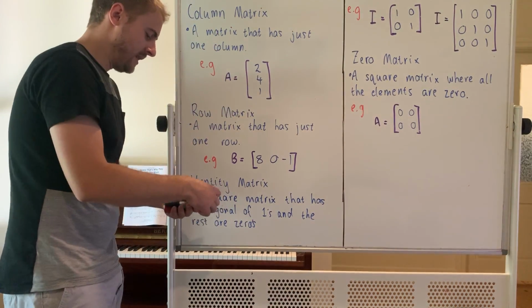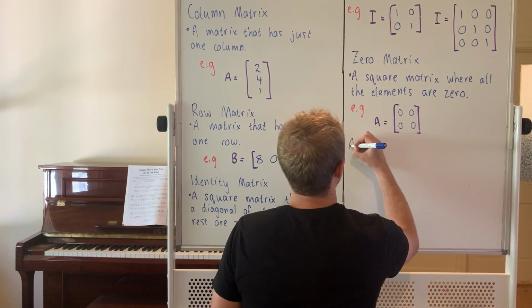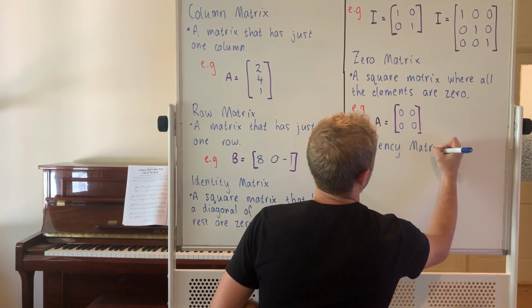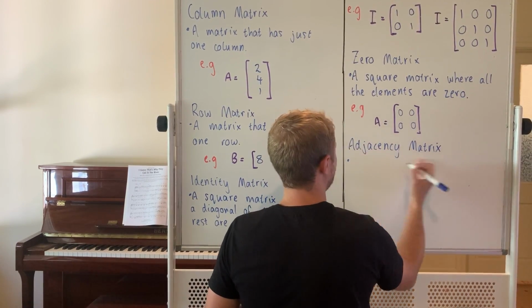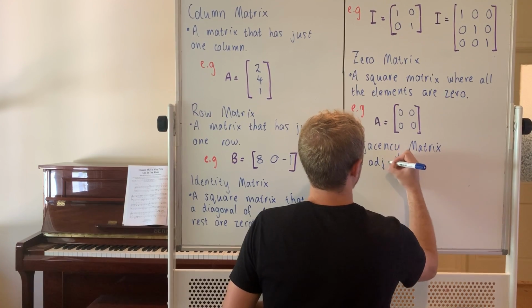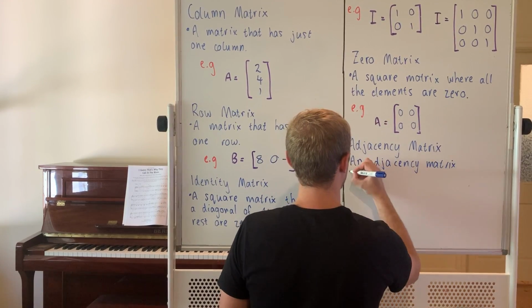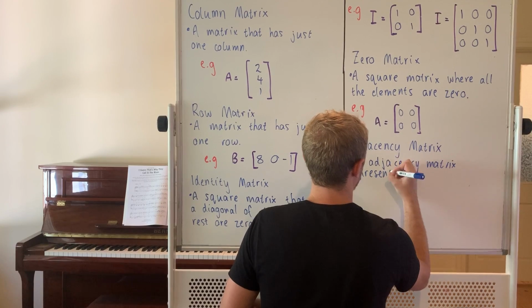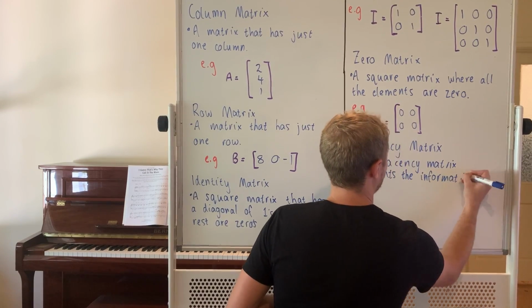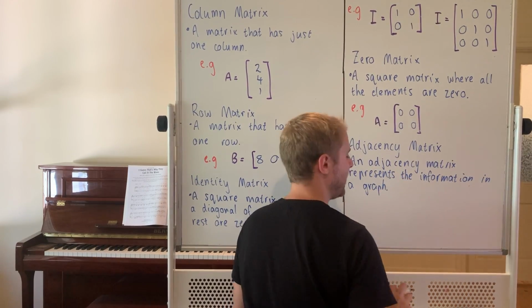What I want to go over quickly is what's called an adjacency matrix. So what this is, and hopefully some of you remember it that did Year 10 Standard, it's a way of representing the information in a graph.